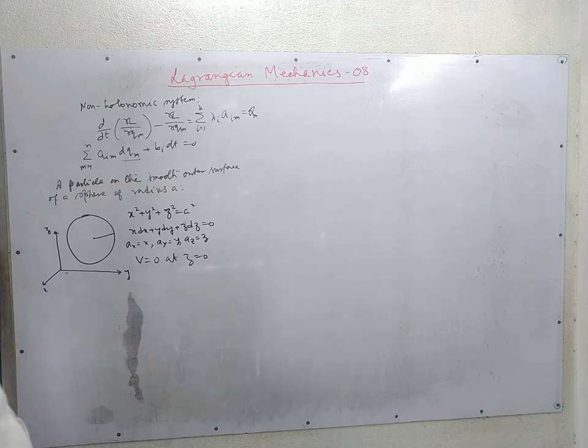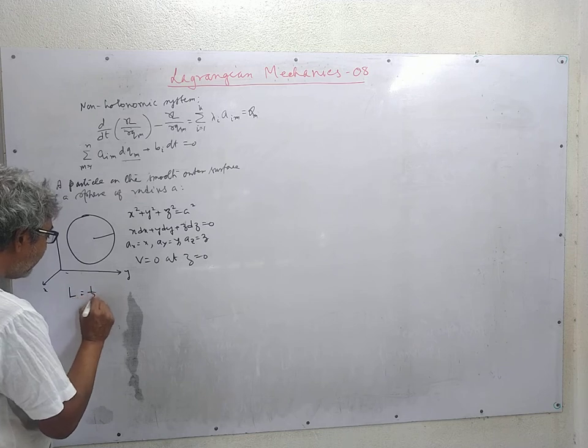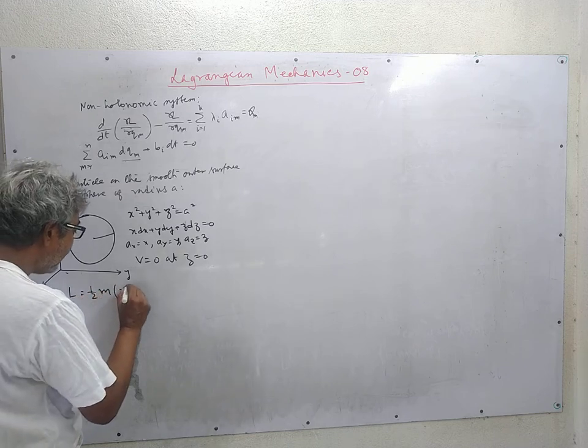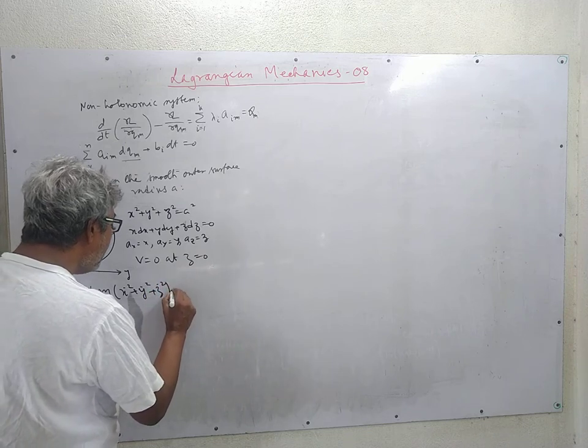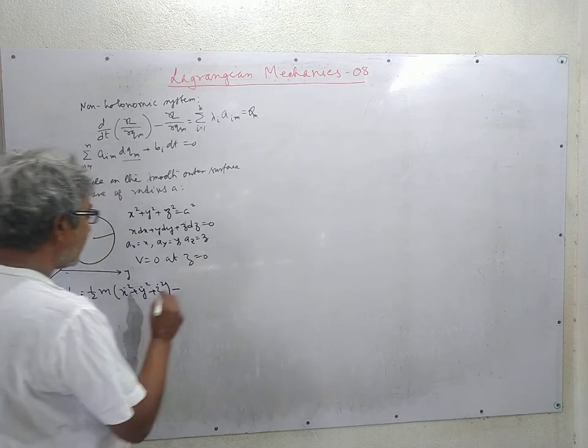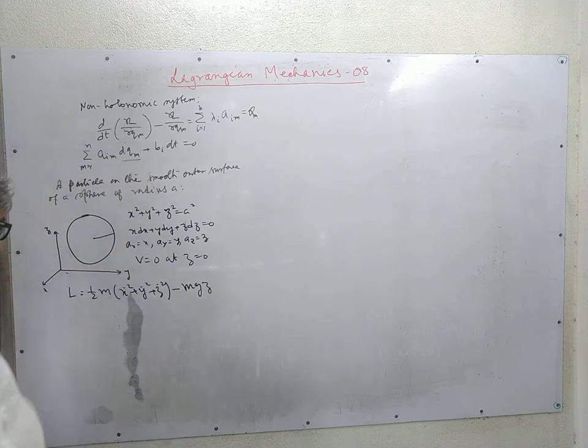So the Lagrangian of the system is half m times (x dot squared plus y dot squared plus z dot squared) minus the potential energy, which is mgz.